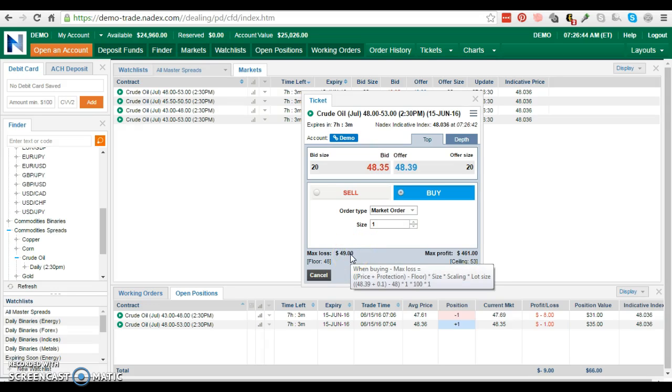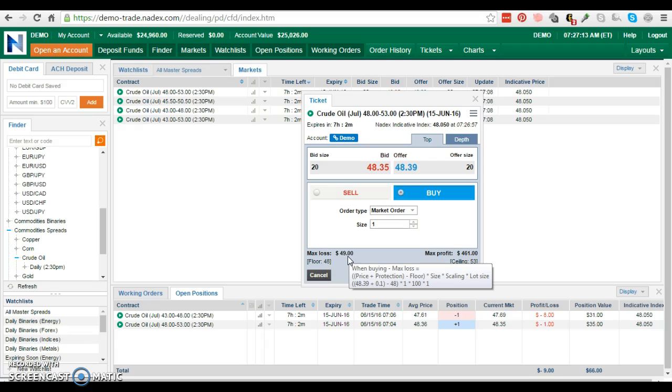So you know going in the maximum you can lose and the maximum that you can win. Your risk and reward, you know it going in. You can't lose any more than this, unless you increase the size. Here, if you added another contract, then obviously this would double. If I increase that to 2, it becomes 100. It just went up to 50 from 40, back down to 49. You can see how it fluctuates.